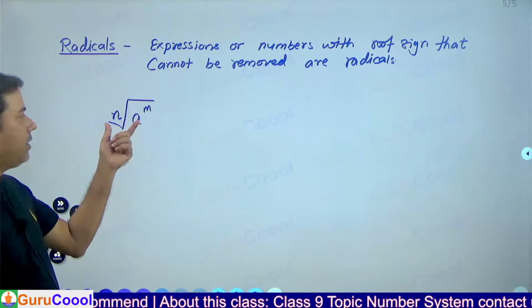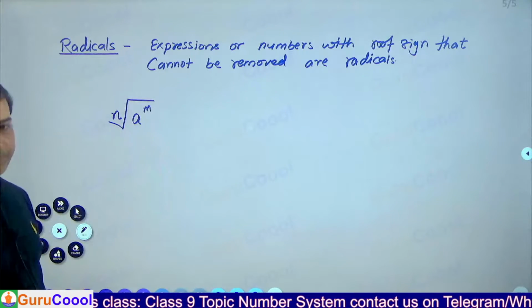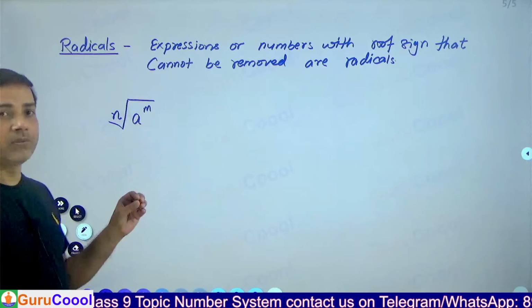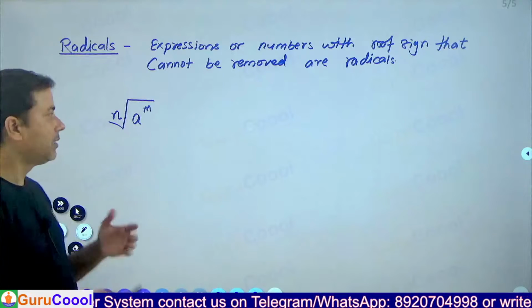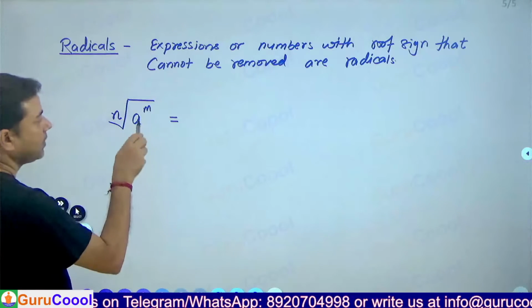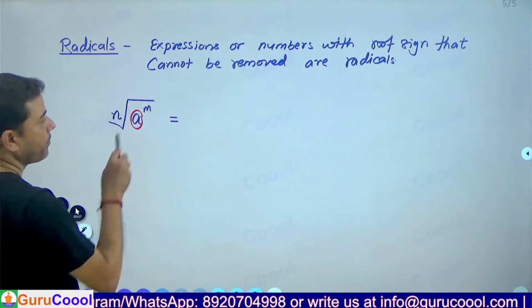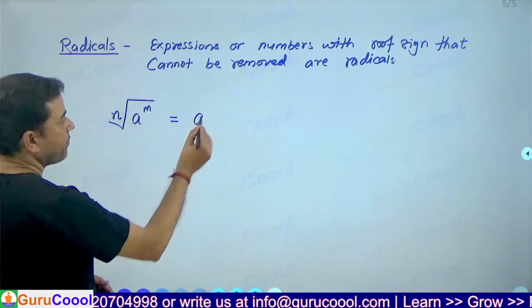How can we represent it in another way without the root sign? Of course, we cannot remove the root sign in radicals, but there is another way of presentation. See how. The base number a is written in the base itself.